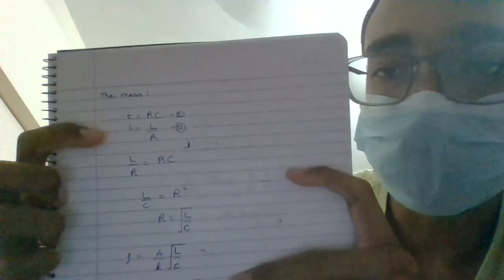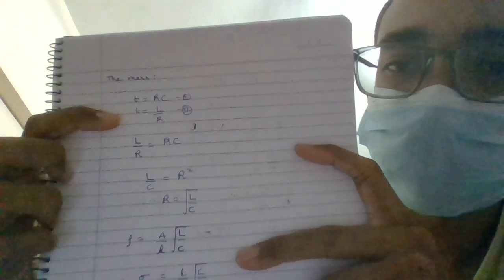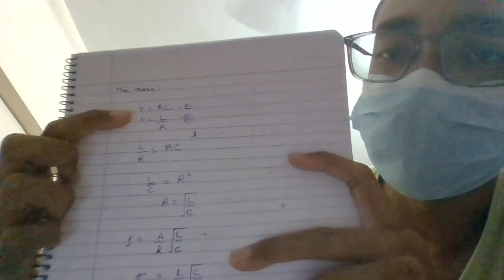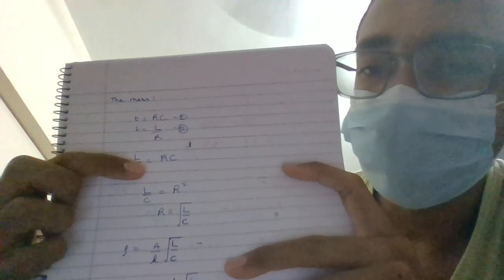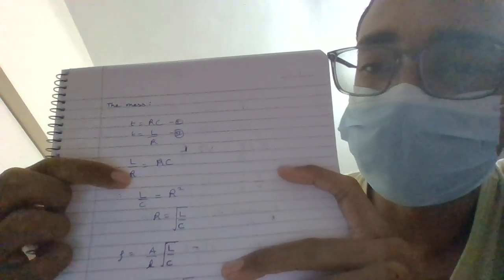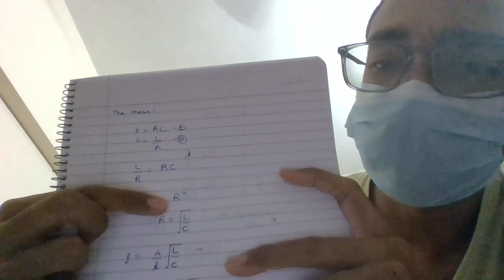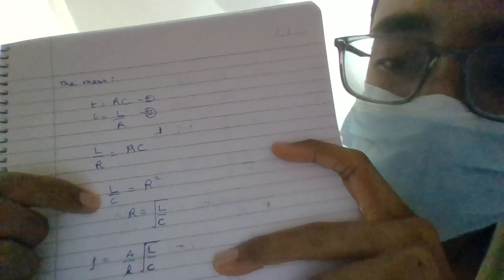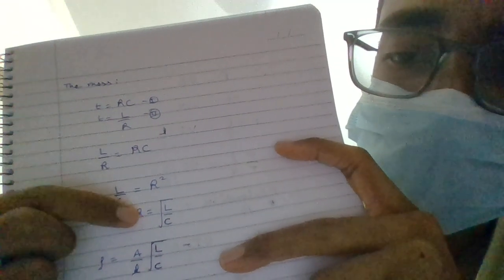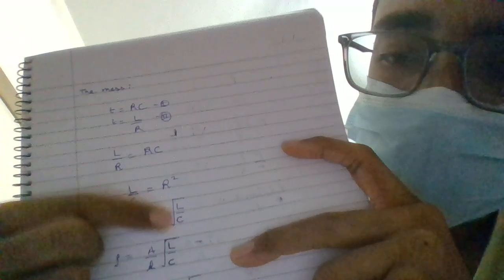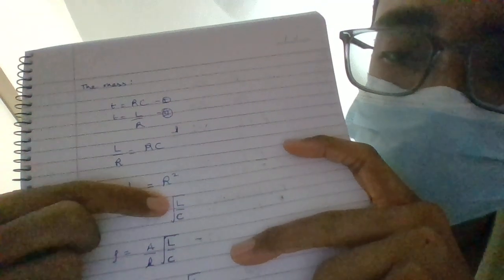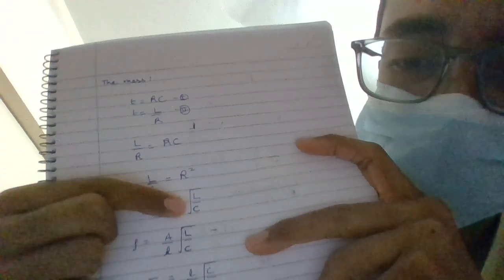Over here you can clearly see that we're taking both the time constant formulas, RC and L upon R. That way we get RC equal to L divided by R. That way you have R squared equal to L upon C. That way R is equal to the square root of L upon C.